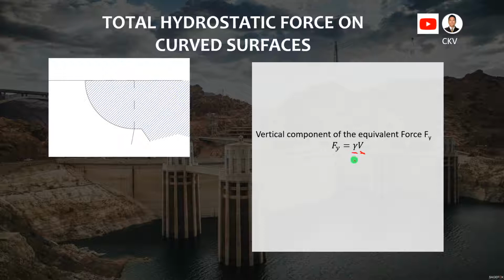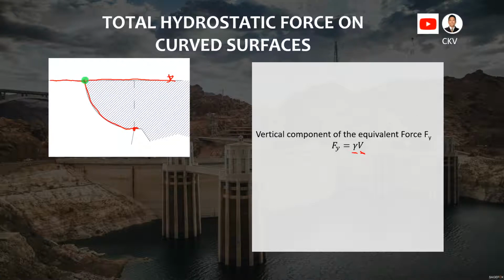To determine that volume, if this is your curved surface, from the edges of this curved surface you will just extend vertically up to the water surface. If this is your water surface right here, this is the left side edge, the right side edge, you extend that up to the water surface.